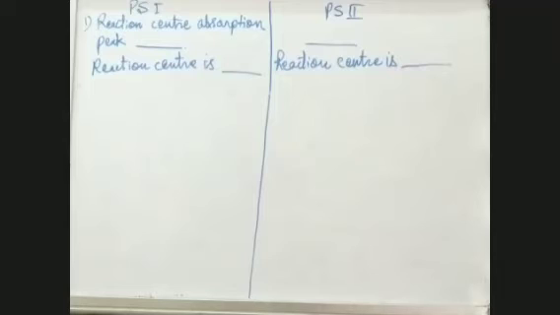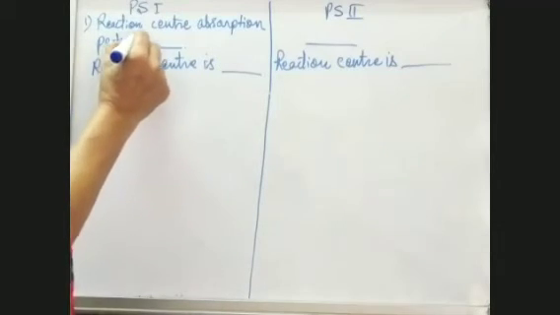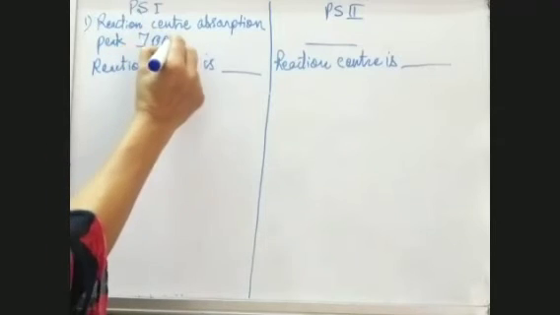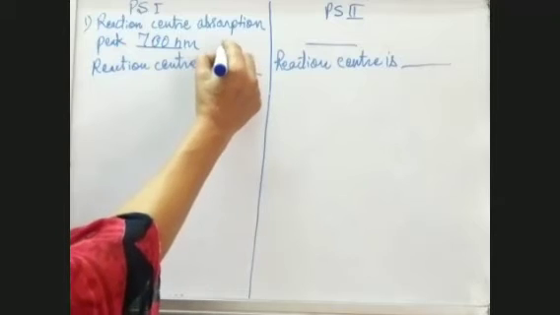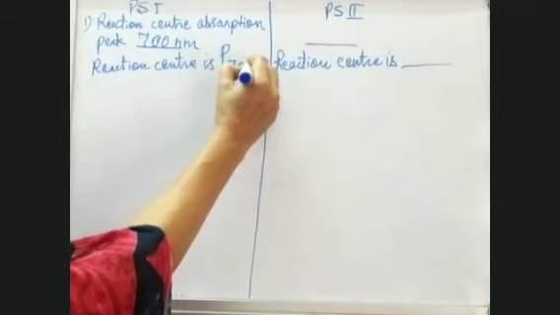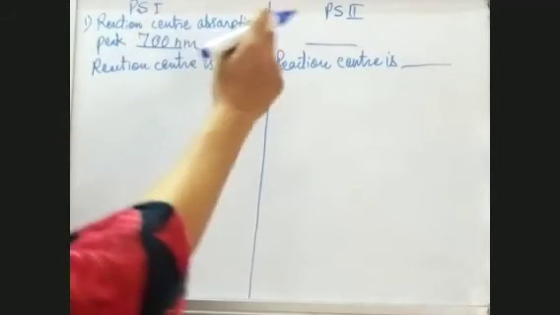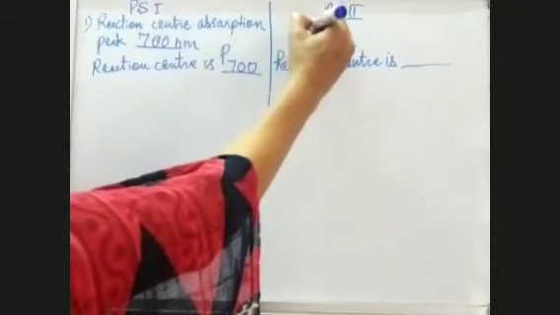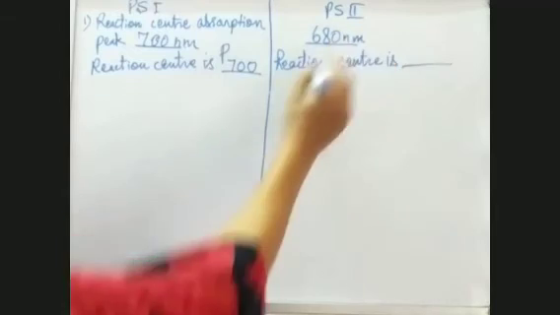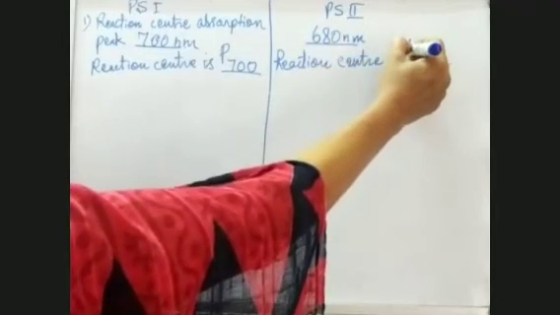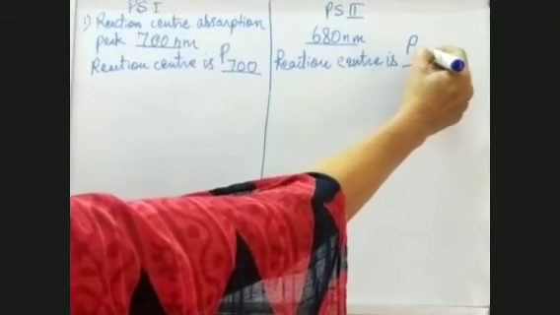But the first number you have written is wrong. Reaction center in PS1 is 700 nm. It is not 780. So we can also write that reaction center in this is P700. And the reaction center absorption peak is 680 nm in PS2. And we can also write it is P680.